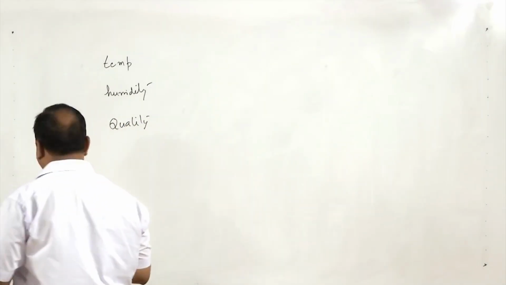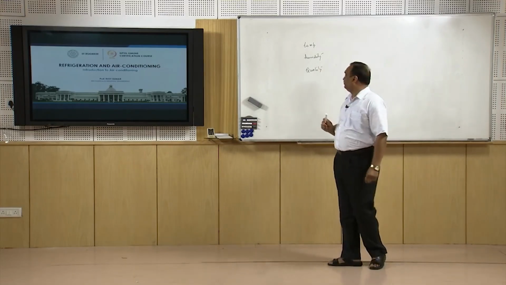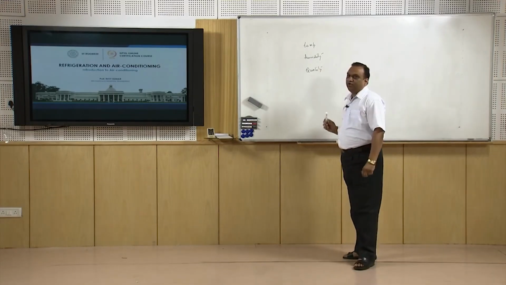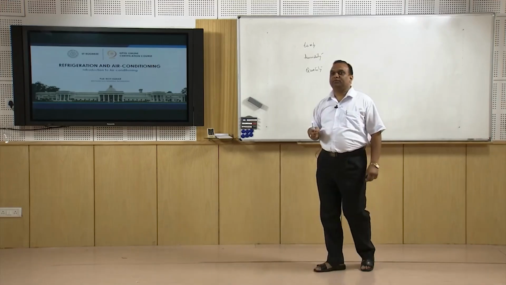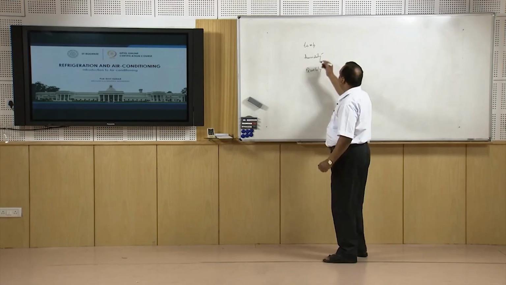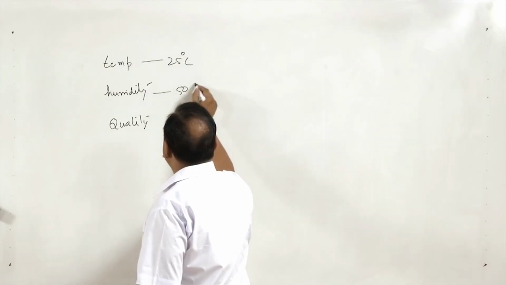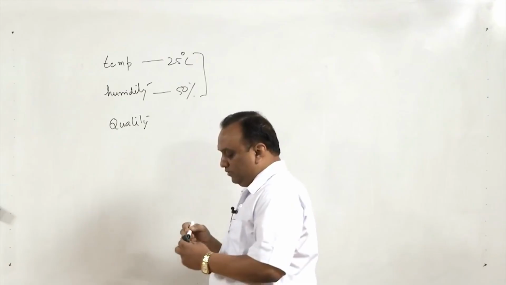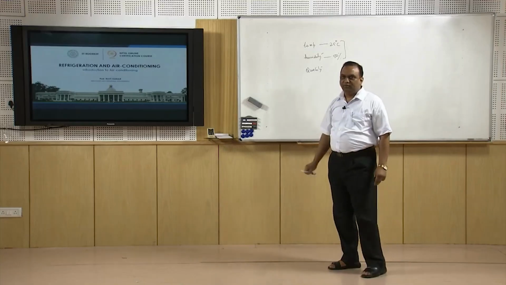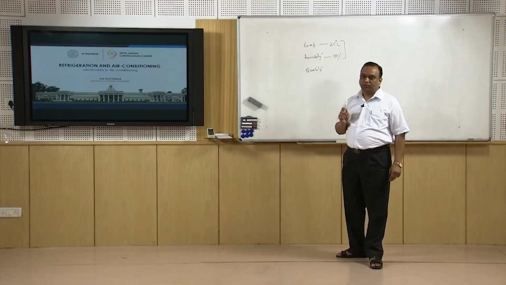So air conditioning is not only about controlling temperature and humidity, it also involves controlling the quality of the air. It is possible that you are sitting in a room, temperature is ideal temperature. In India, the ideal temperature is 25 degrees centigrade, humidity is 50%, this is the ideal case. But you may not feel comfortable. You may not feel comfortable because the quality of the air in this room is poor.